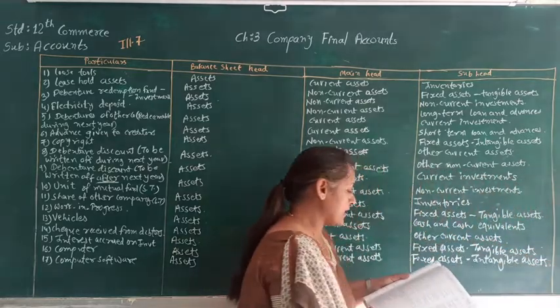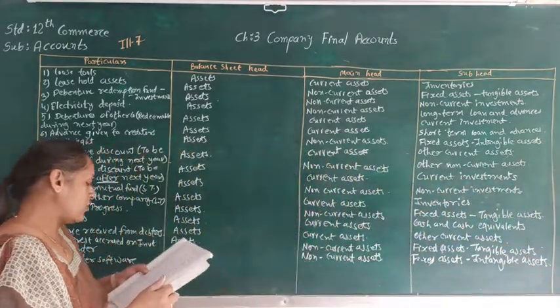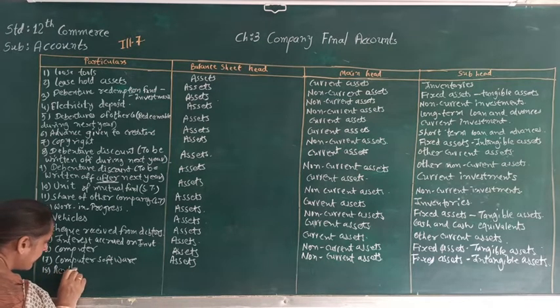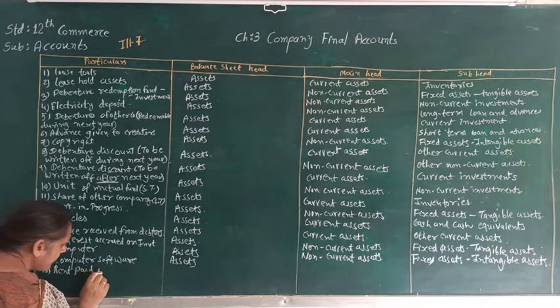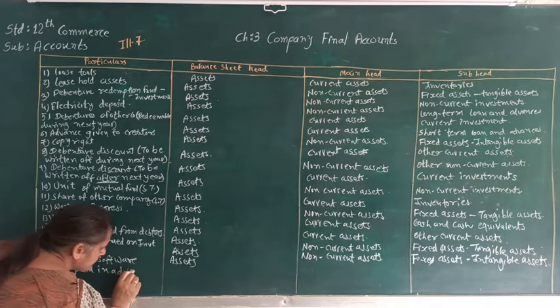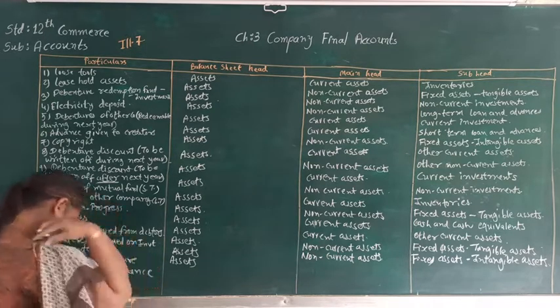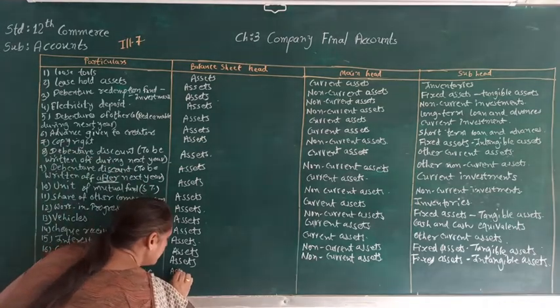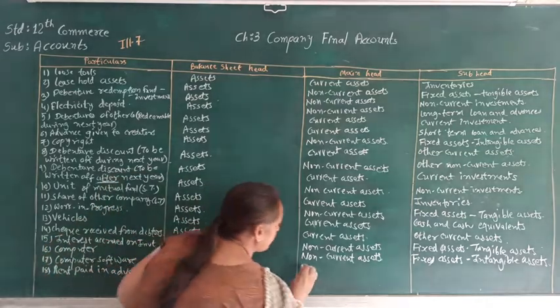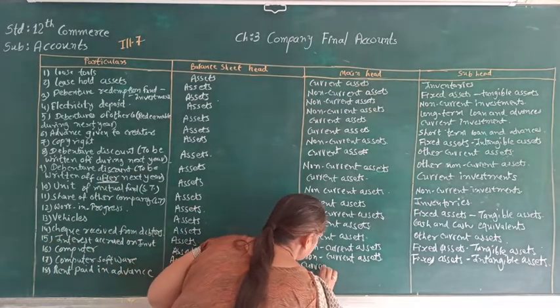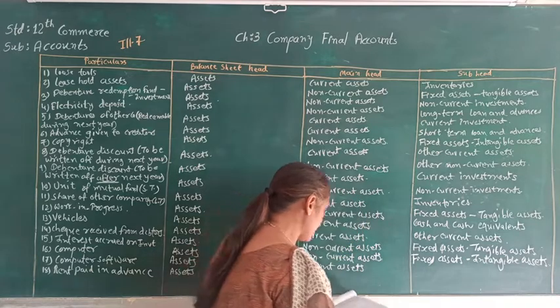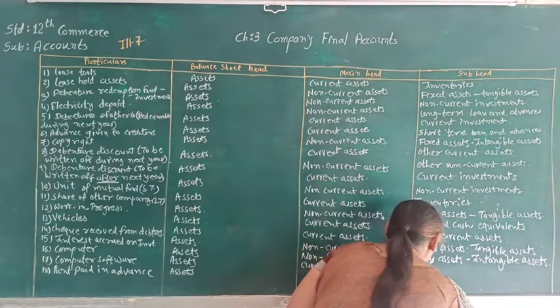After the software, there is another heading, number 18, rent paid in advance. So here rent paid in advance is our current asset. Under assets, current asset, and here again the subhead will be other current asset.